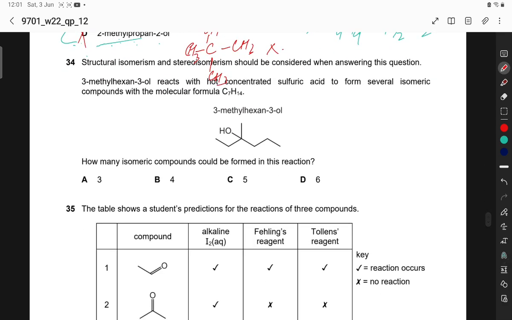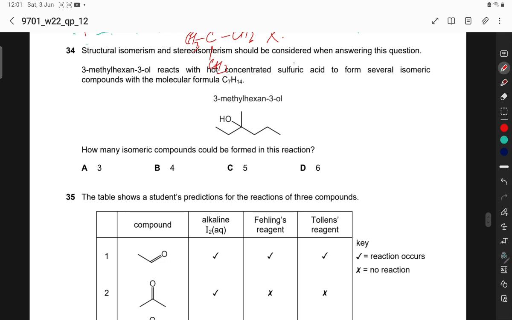Structural isomerism and stereoisomers should be considered when answering this question. 3-methylhexan-3-ol reacts with hot concentrated sulfuric acid to form several isomeric compounds with the molecular formula C7H14.